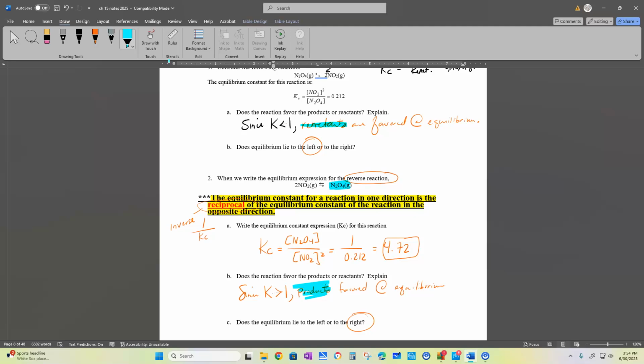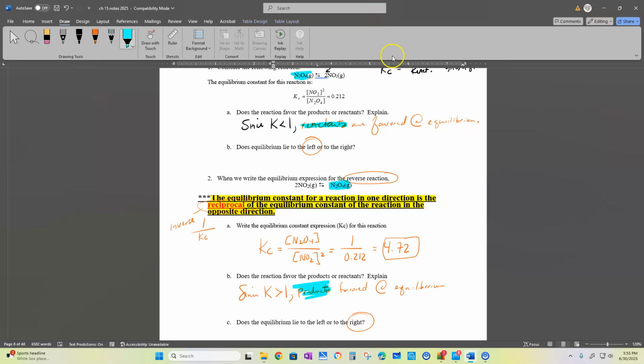We said the reactants were favored, and who's on the reactant side? The same chemical. The point is, ladies and gentlemen, just because you flip or manipulate an equation, whatever chemical was favored on one is still going to be favored on the other, no matter what you did to it. So pay very close attention to what you do to these equations so you know who is favored.